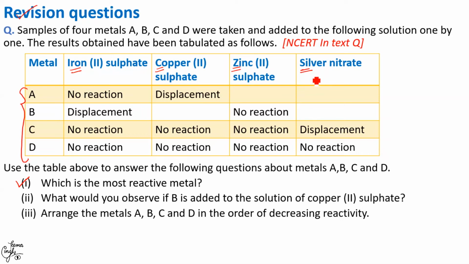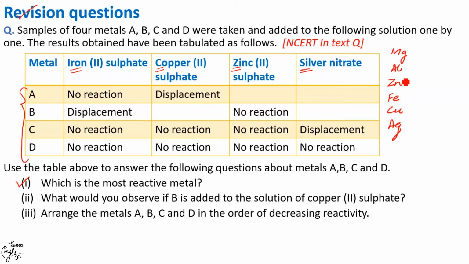And for this, you need to know the reactivity series. Now, as far as your class level is concerned, a simple mnemonic is "Mazfeca": M-A-Z, magnesium, aluminium, zinc, and F-C-A, iron, copper, silver. If you remember this mnemonic, you will be able to solve most of the questions that come across for your class level.